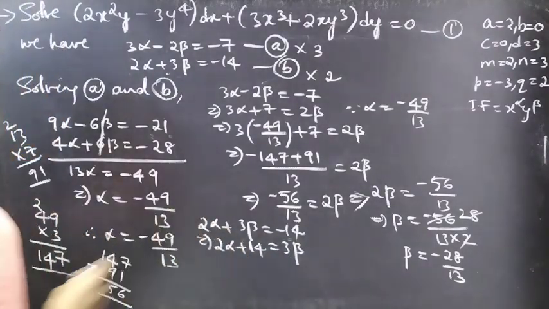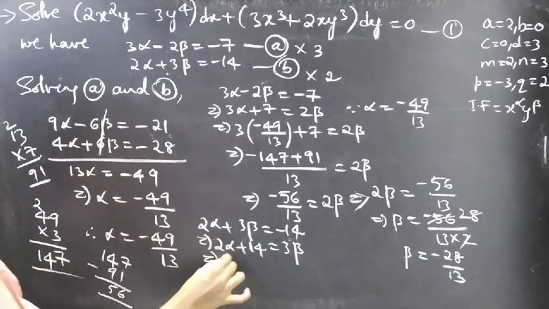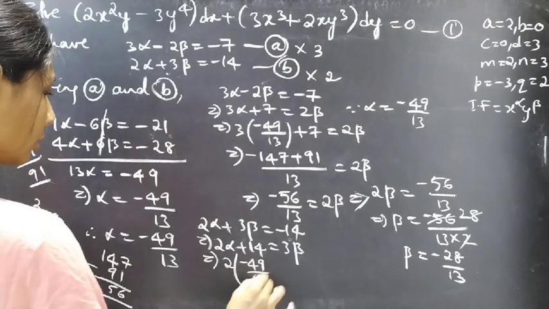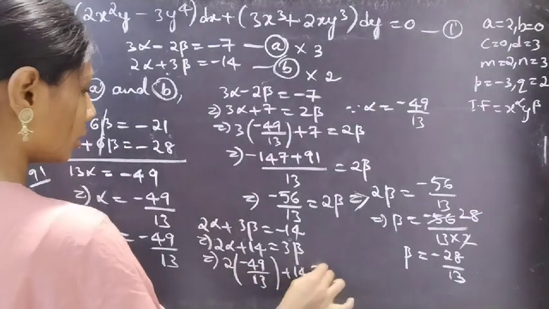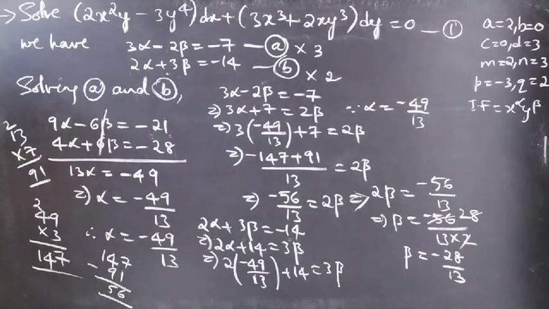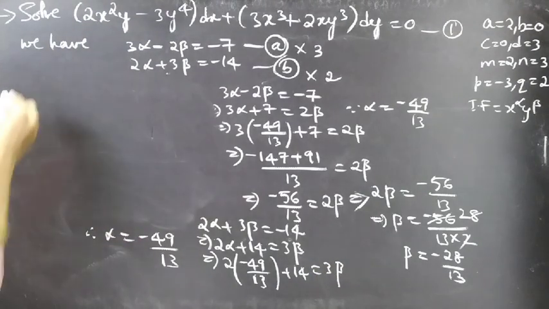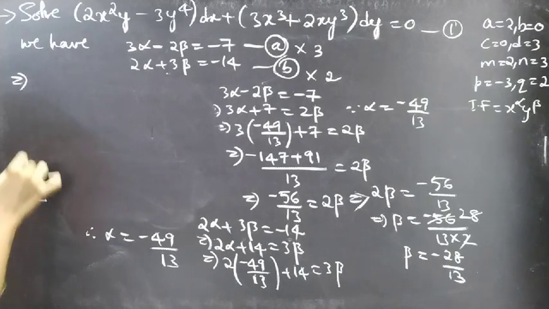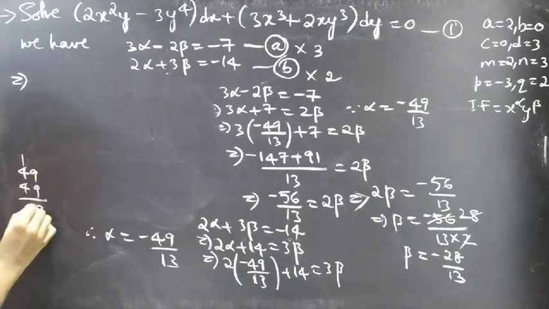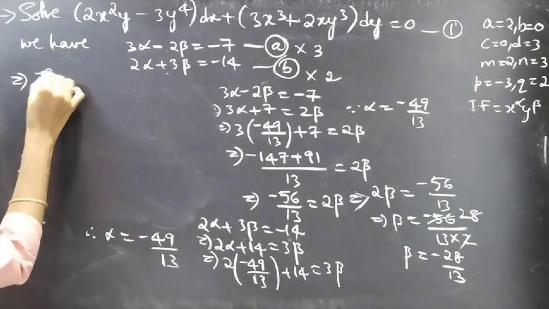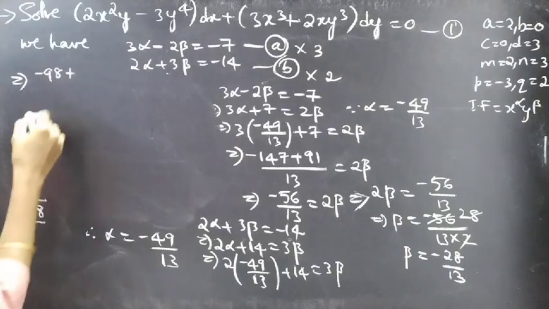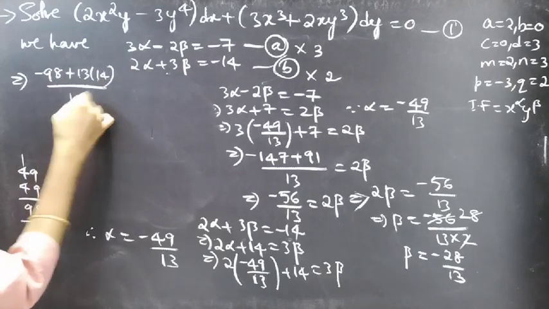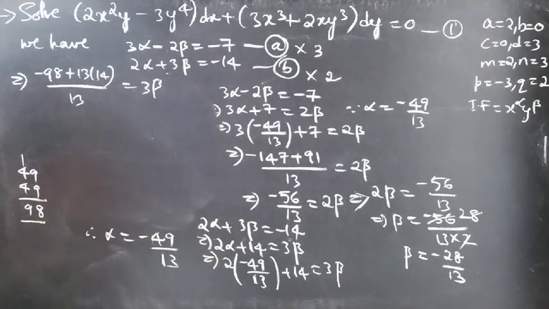Now substitute the value of alpha, you'll get 2 times minus 49 by 13 plus 14 equal to 3 beta, which gives us minus 98 plus 13 into 14 by 13 equal to 3 beta, right?